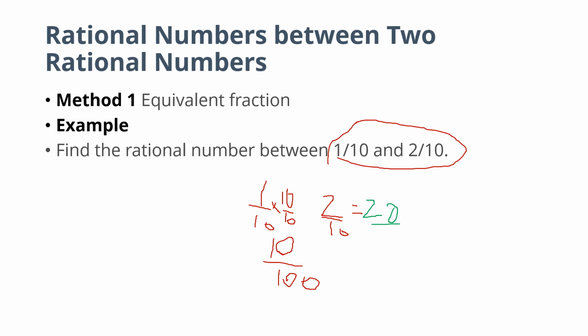Now you can easily find numbers lying in between these two numbers, which are 11 by 100, 12 by 100, and so on. Like this, it is very easy to find as many numbers as you want using equivalent fractions. Always try to take a number involving zeros, like 10 or 100, for multiplication with the numerator and denominator. That is going to make your calculation easy.